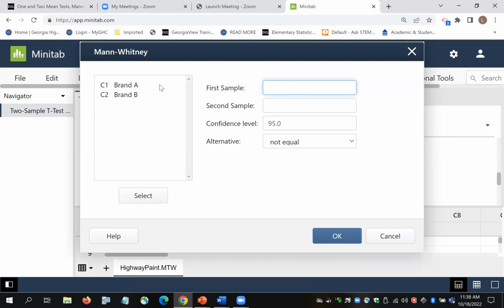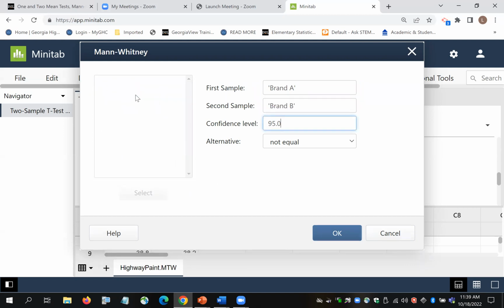My first sample is brand A. My second sample is brand B. We're doing a 5% significance level, which would be a 95% confidence, and we are looking at not equal.